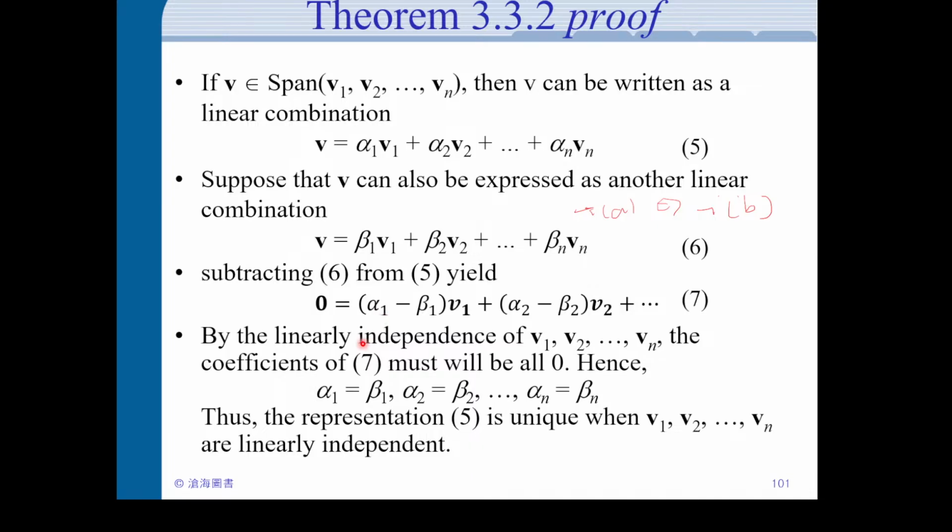So if we define c_i equal to alpha_i minus beta_i, then c is non-trivial, and we see that those vectors are linearly dependent.